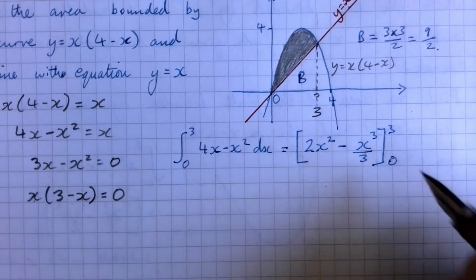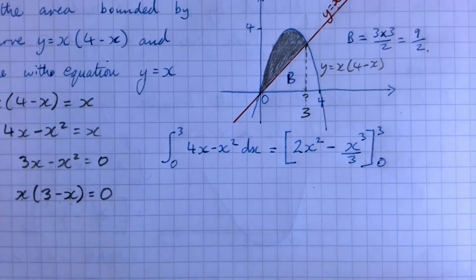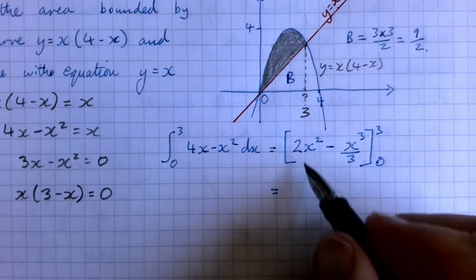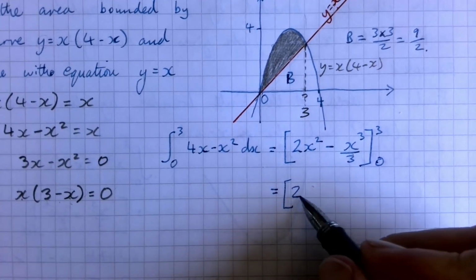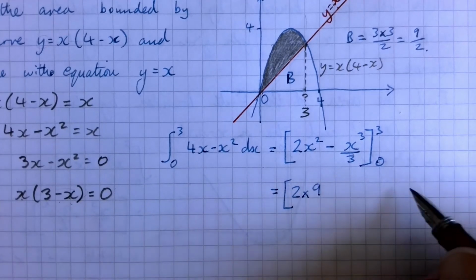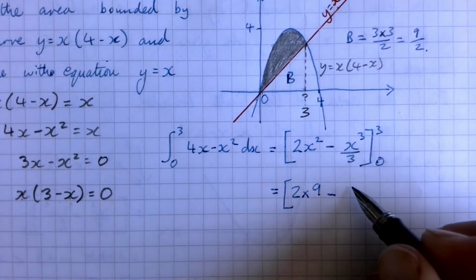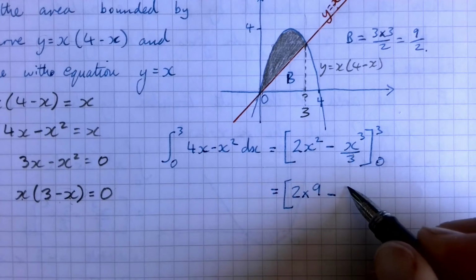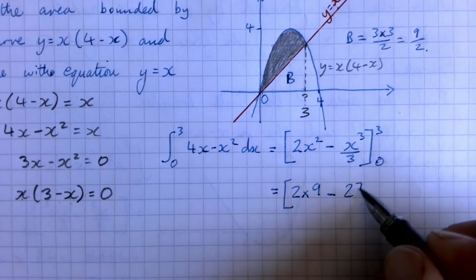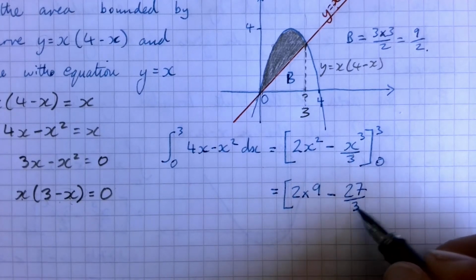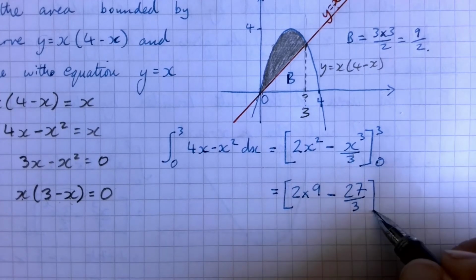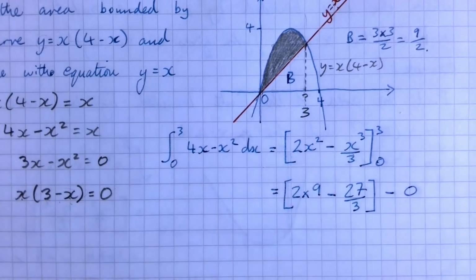Now, as we've got no constants in here, we know the 0 bit's going to be 0. So I just need to do 2 times 3 squared, which is 2 times 9, minus 3 to the power 3, which is 27, divided by 3, which is going to be 9, and we know we're going to be taking 0 from that.